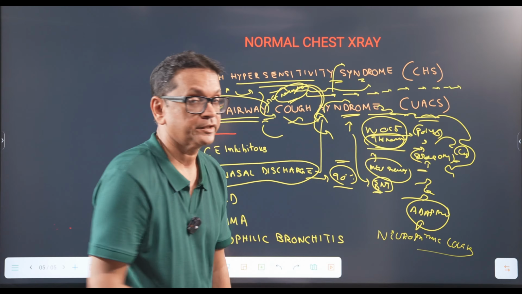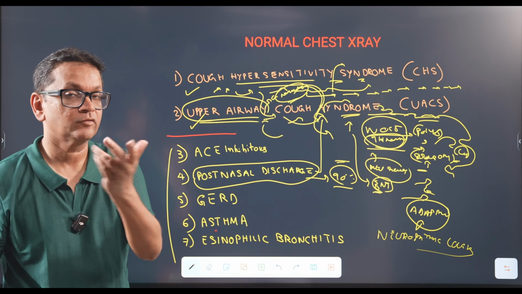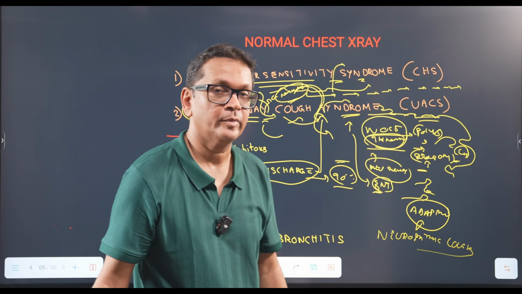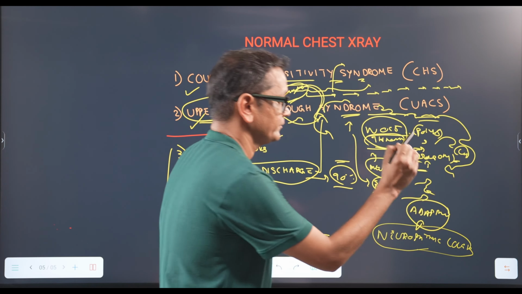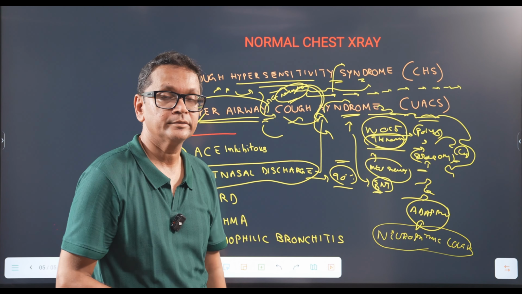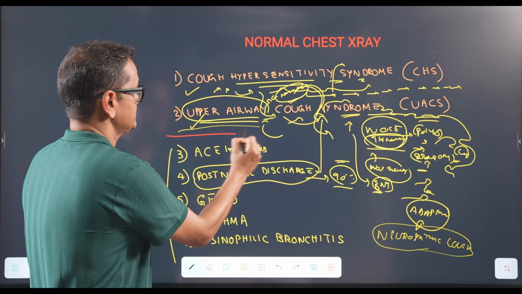That's why there is contention that you can use those anti-neuropathic agents, like what are they? Pregabalin, gabapentin, in the setting of chronic cough. Got the point? Okay, so it is clear.